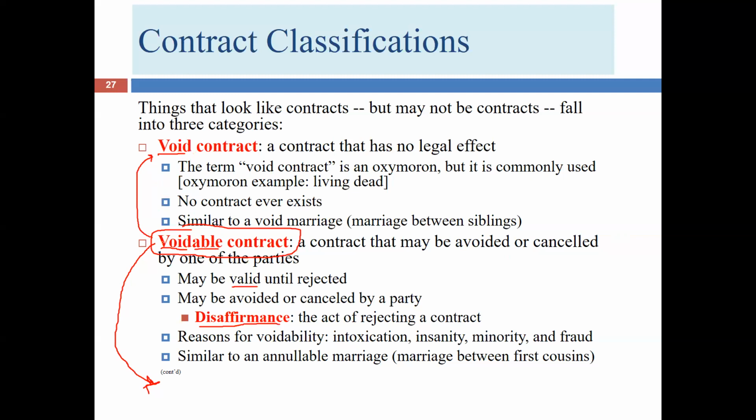The analogy I like to draw between voidable contracts and family law is an annullable marriage. An annullable marriage is a real marriage. It's just a marriage that the parties can still get out of, and they don't have to get out of it via divorce. They can choose to get out of it via an annulment.